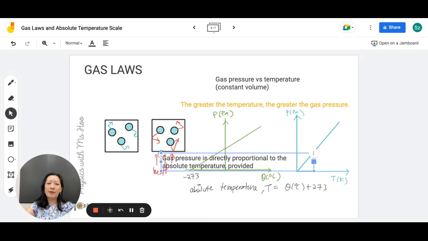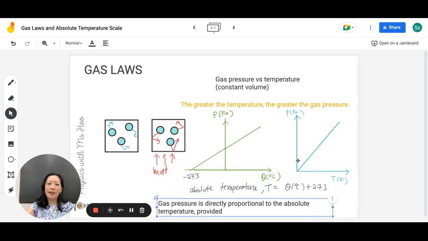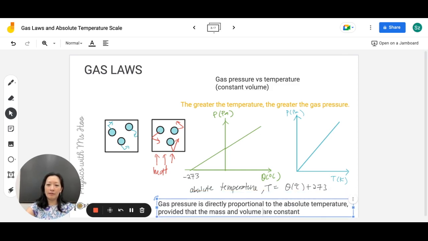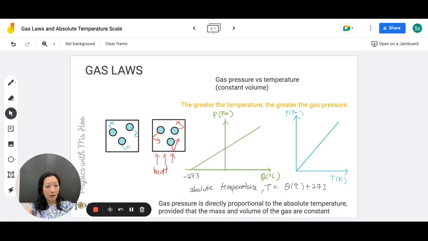Let me shift this because I know you can't see it, provided that the mass is constant and so is the volume, so that the mass and volume of the gas are constant, obviously. Now, this law is named after the researcher who discovered this relationship, and that's why this is known as the Gay-Lussac Law.